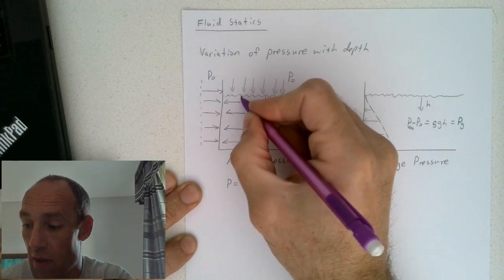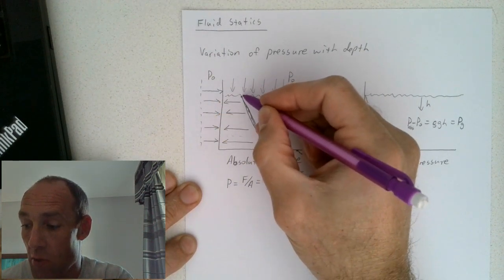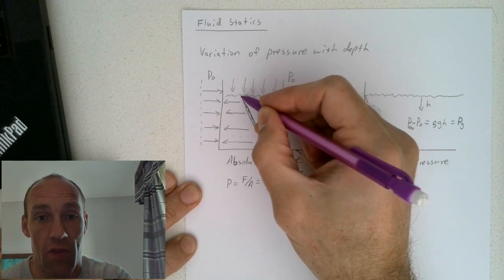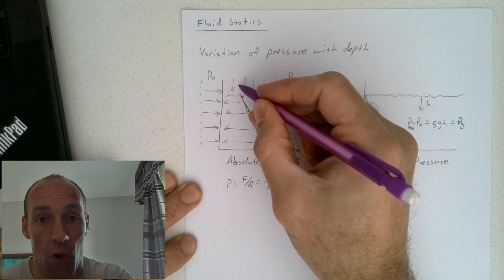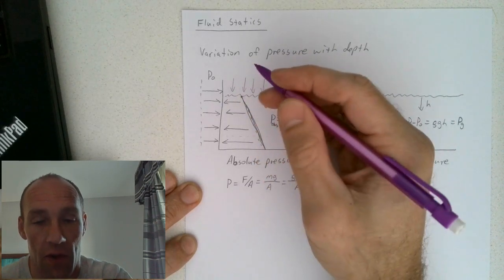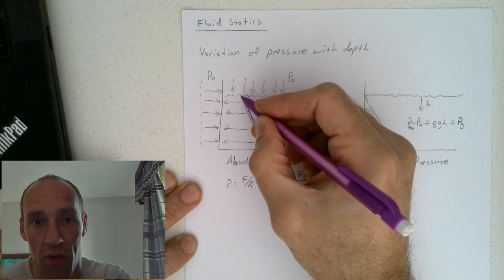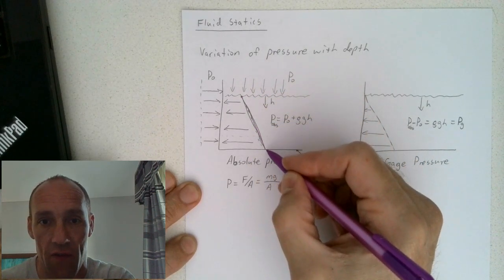It actually starts at P naught. So the absolute pressure starts at the atmospheric pressure at the surface of the fluid. The pressure right at the surface is atmospheric, but then it increases as a function of depth.